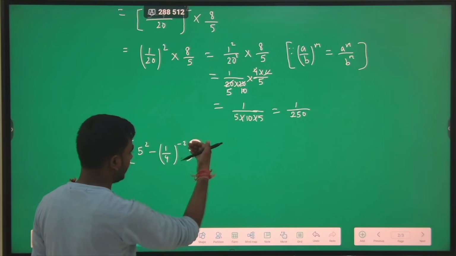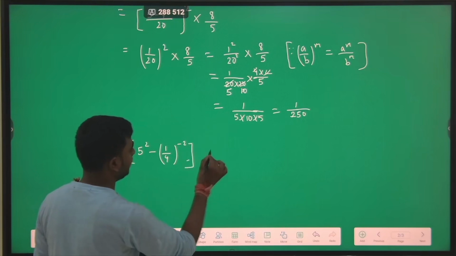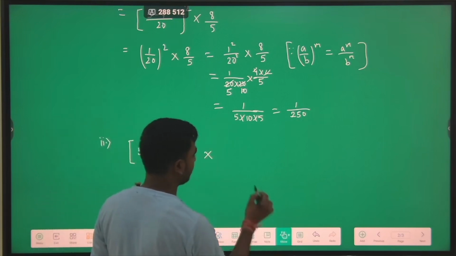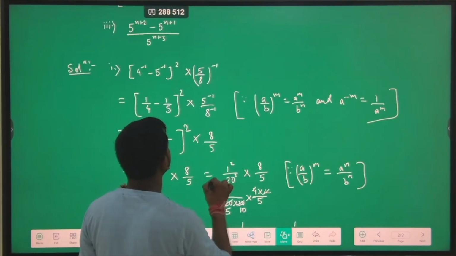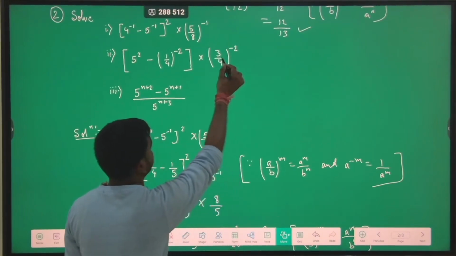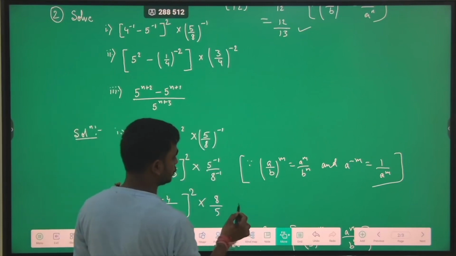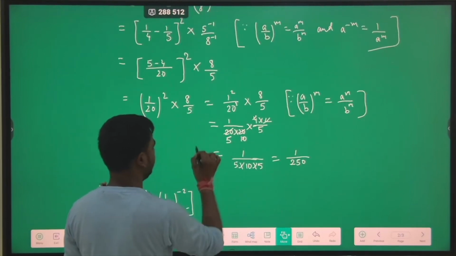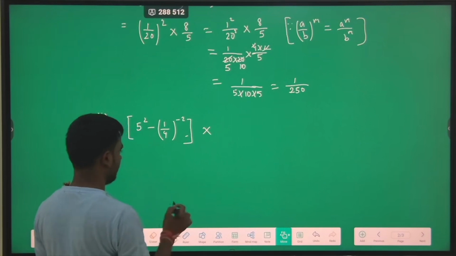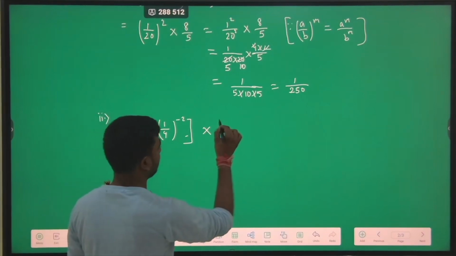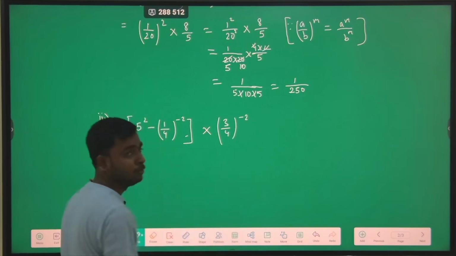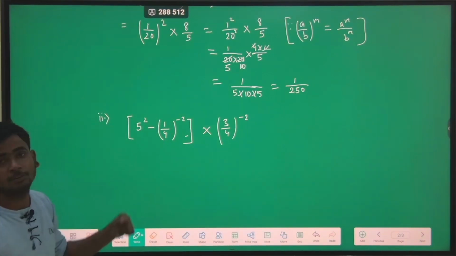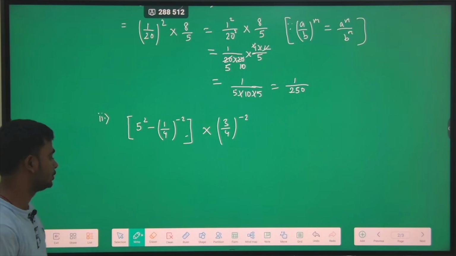It is multiplied with (3 by 4) to the power minus 2. Okay, so this is our question and we have to solve it.